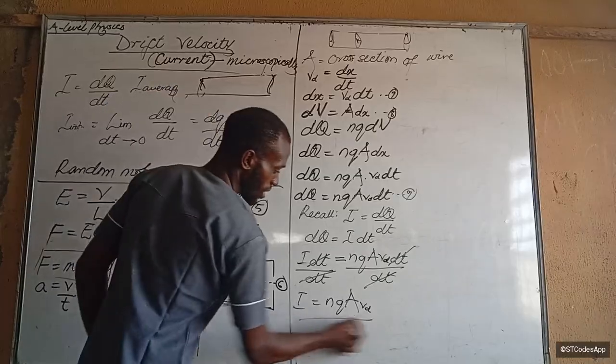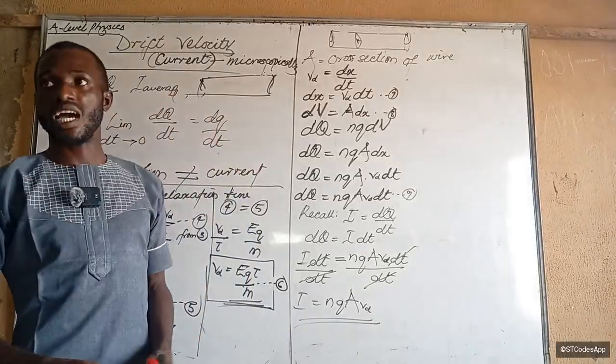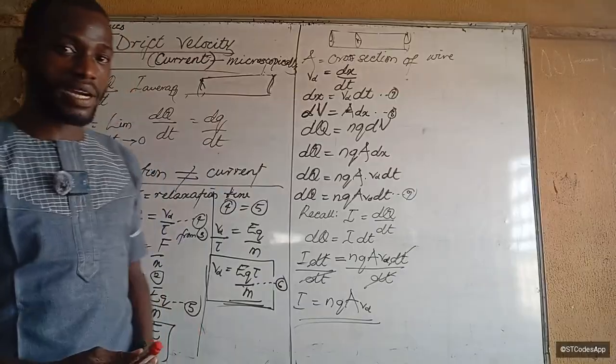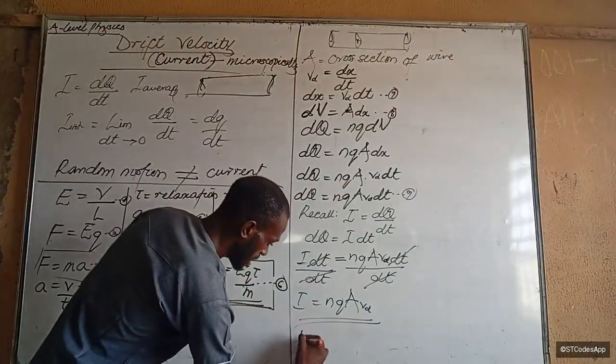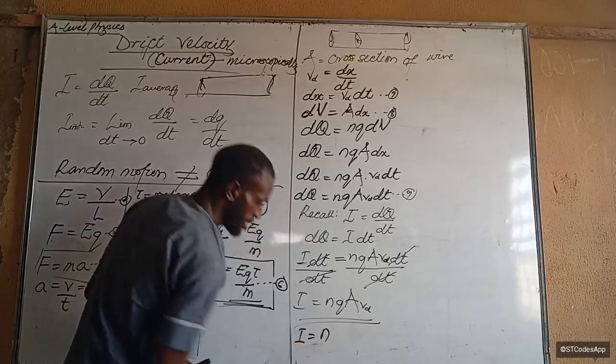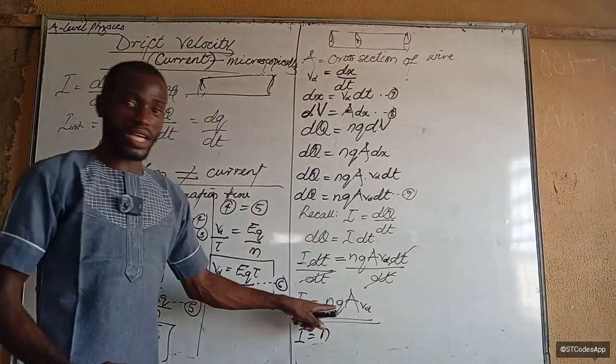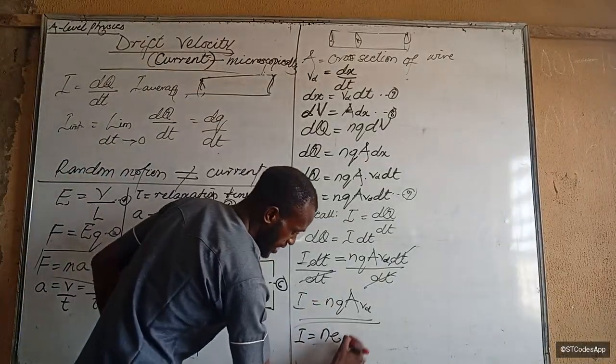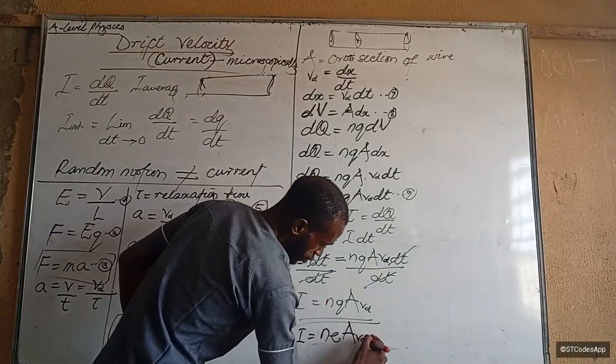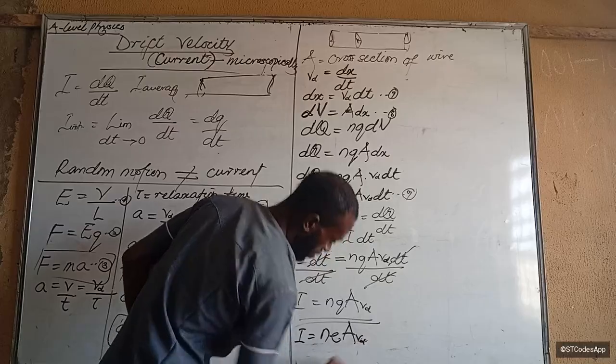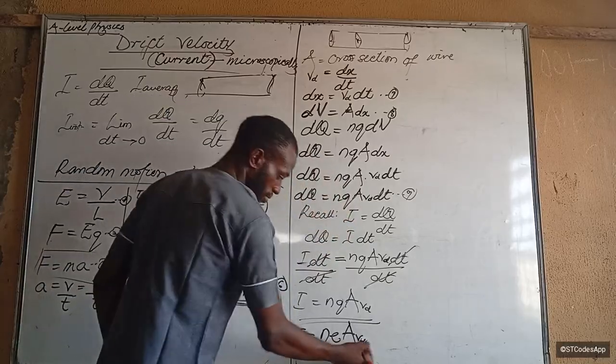So this will now be the expression for current on the microscopic scale. That is, I is equal to nqA v sub d. In your convention, it could be e that the q represents, so it will be neA v sub d, where v sub d is the drift velocity.